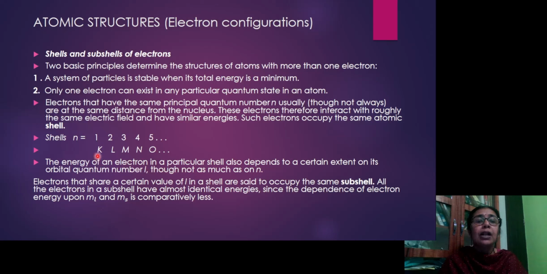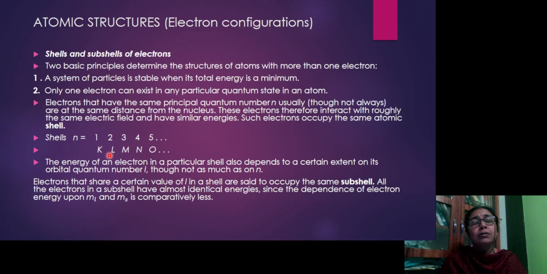So for example, for n equal to 1, that is for the K shell, there is only one orbital quantum number, that is L equal to 0. For n equal to 2, L can take values 0 and 1.